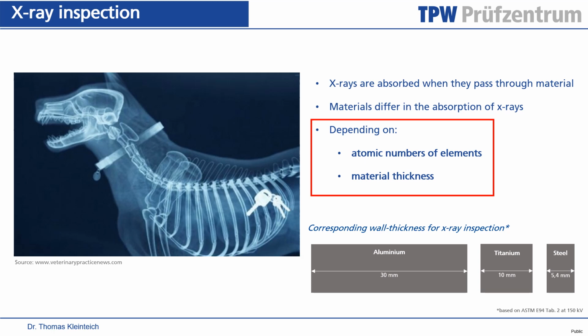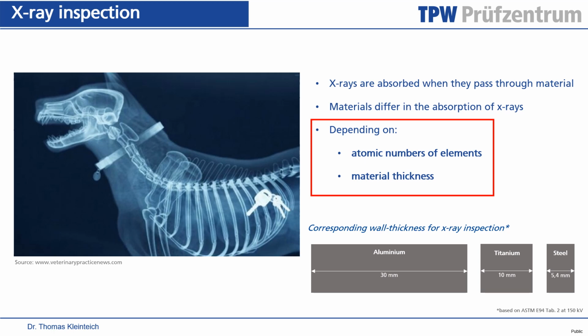What you now see on the screen is the corresponding wall thickness for different common metals that are used in industry, like aluminum, titanium, and steel, for X-ray inspections at identical X-ray power. So if you use the same X-ray settings for aluminum, for titanium, or for a part that is made of steel, 30 millimeters of aluminum correspond to only 5.4 millimeters of steel.